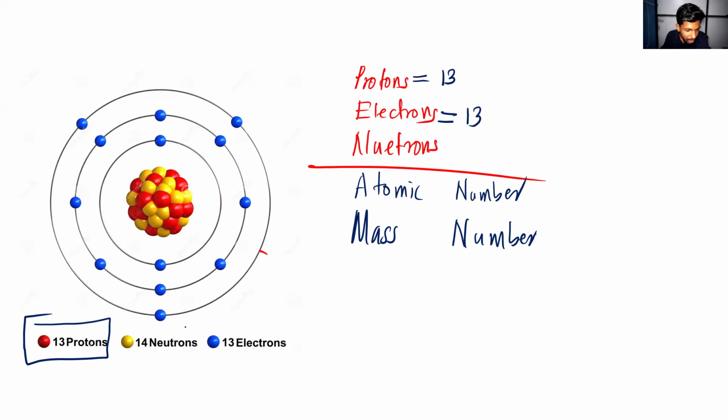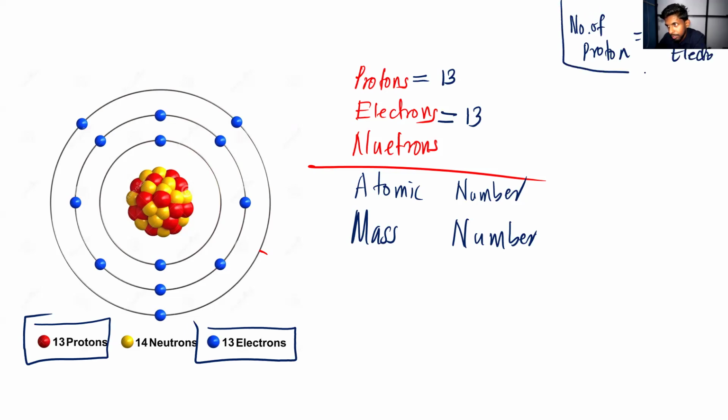So the theory that we have learned is that number of protons equals number of electrons. And third one, number of neutrons. Here they have given that, number of neutrons is 14.